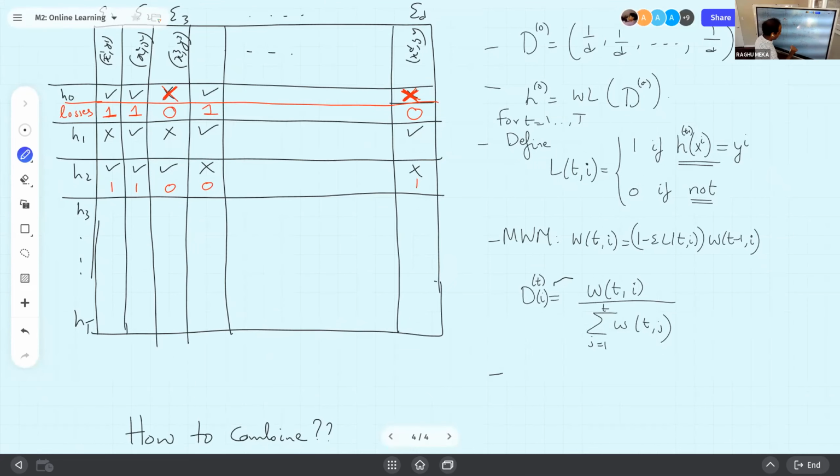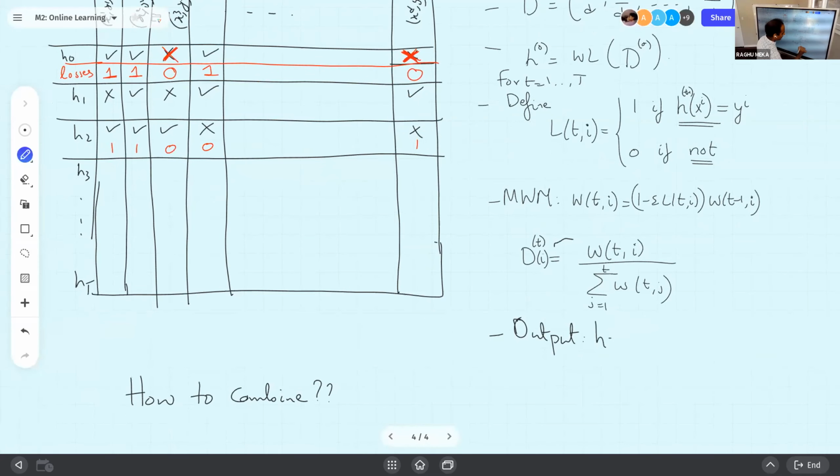And so the output, instead of the weighted sum, we can even just look at the majority of h0, h1, all the way up to h(t-1).